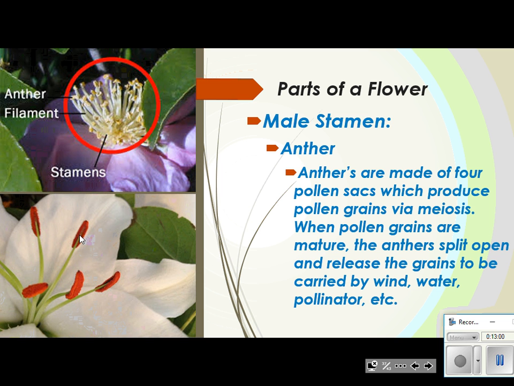Do we have much problem with pollen allergies during the winter? No, because you don't see a whole lot of flowers during the winter, do you? No. So when these pollen makers, the anthers, split open, that's when the pollen gets into the air and can wreak havoc on people who have allergies.